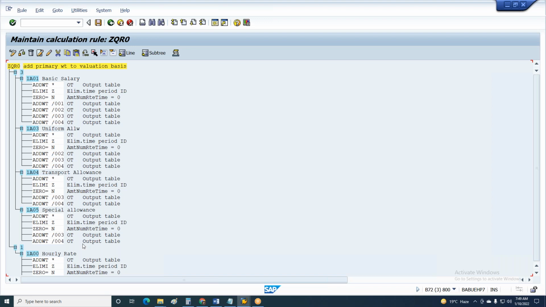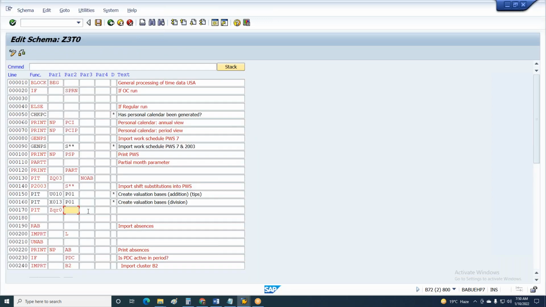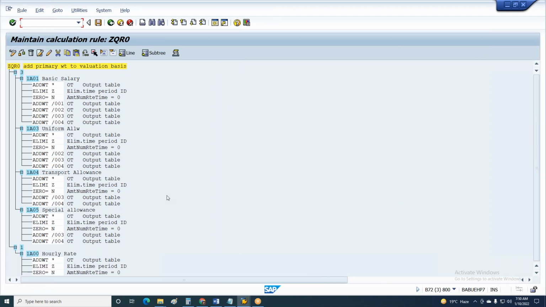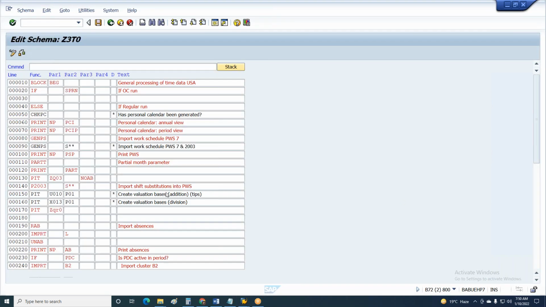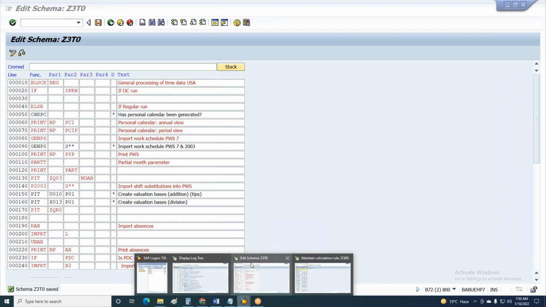Where am I calling processing class 1 in this rule? Not calling processing class 1. Sir, blank, sir, blank. It should be blank. Specific wage types, and parameter 3 should be blank. So check whether the bases are generated or not.